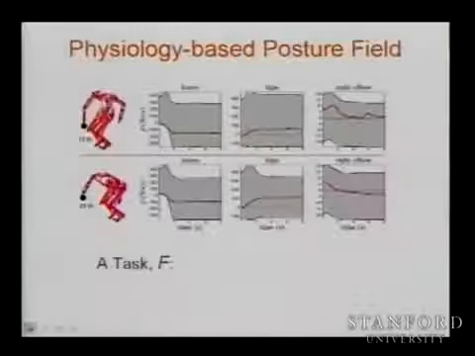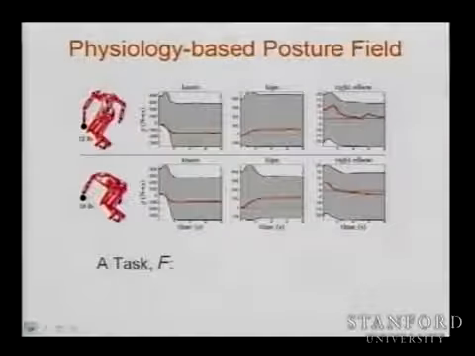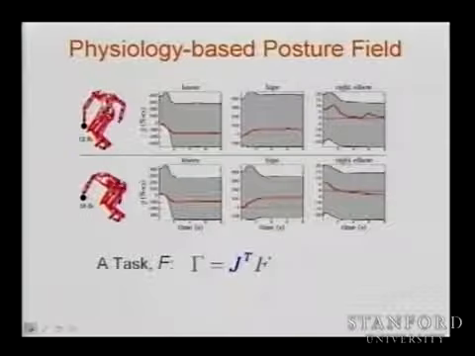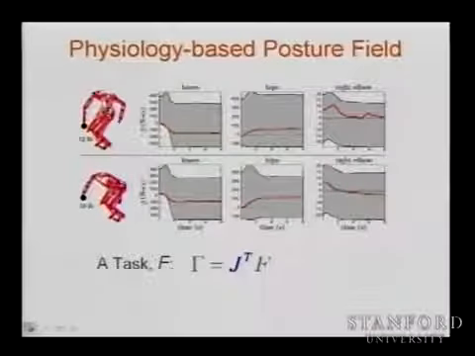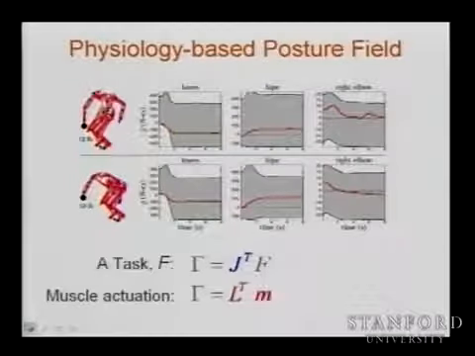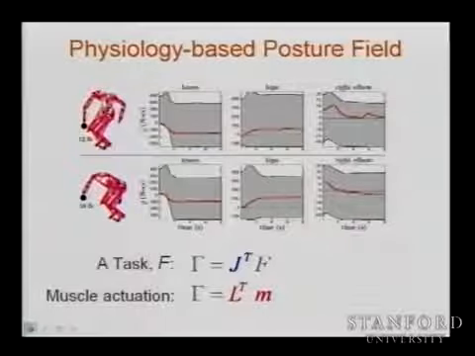And if you say I'm minimizing the effort, it's very important, because now you bring the physiology into the model and you start analyzing the physiology. So a robot produces a force by applying a torque, J transpose F. All of you now know this, right? A human produces the torque using another Jacobian, L transpose.